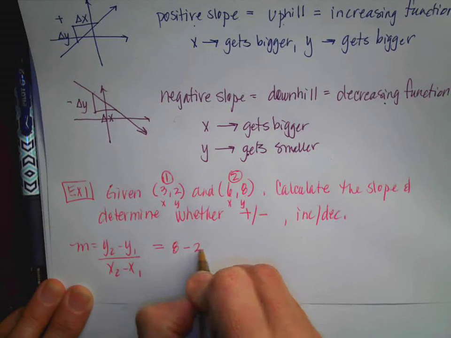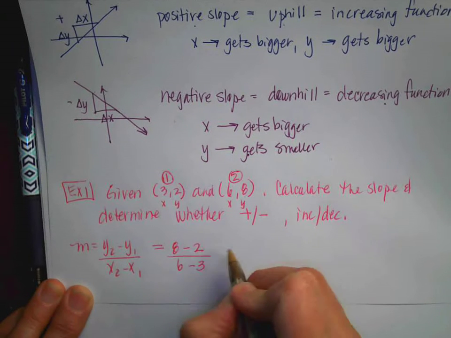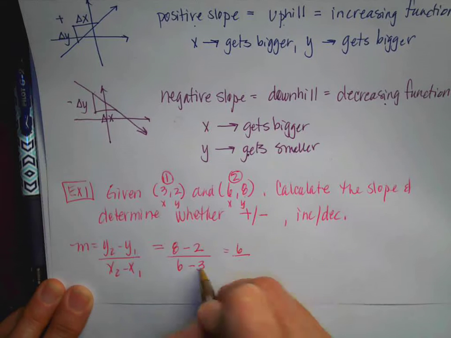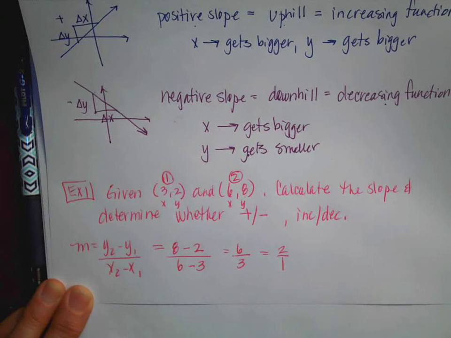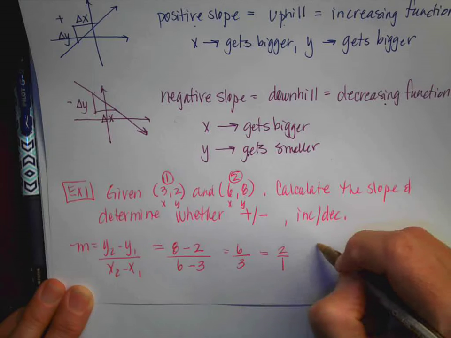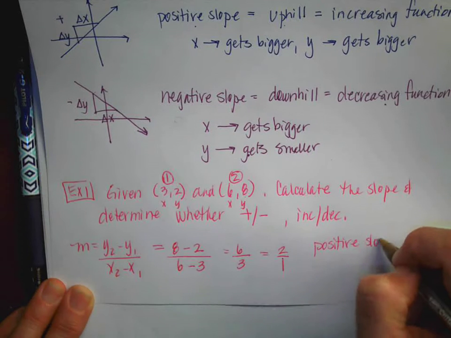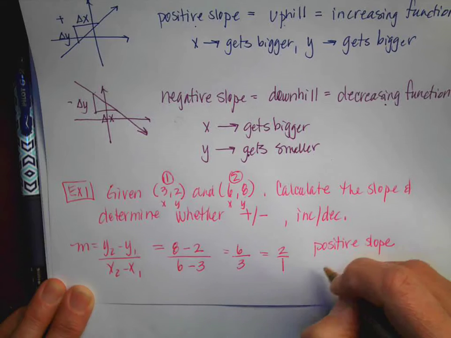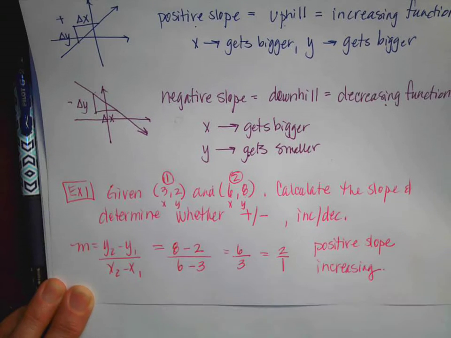So it's going to be 8 minus 2 over 6 minus 3. 8 minus 2 is 6. 6 minus 3 is 3. And so this is 2 over 1. So therefore, I have a positive slope. And if the slope is positive, that means that the function is increasing. Okay, so that was nice and easy.